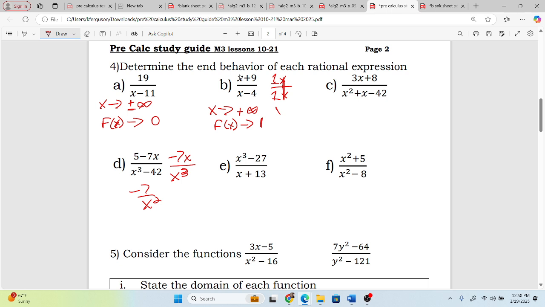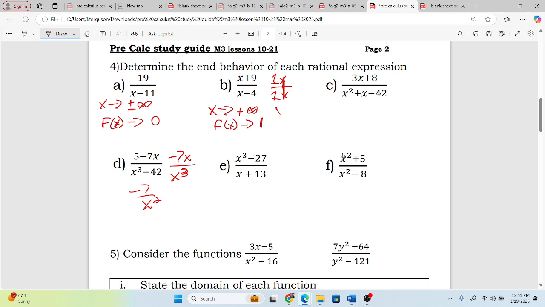I mean, 1,000 is going to be 1,009 over 996. So it's almost like it's 1,000 over 1,000 because those numbers become less and less significant as we put bigger numbers in, right?